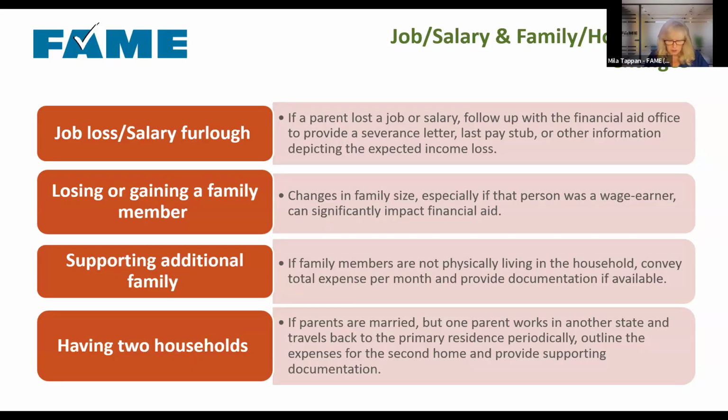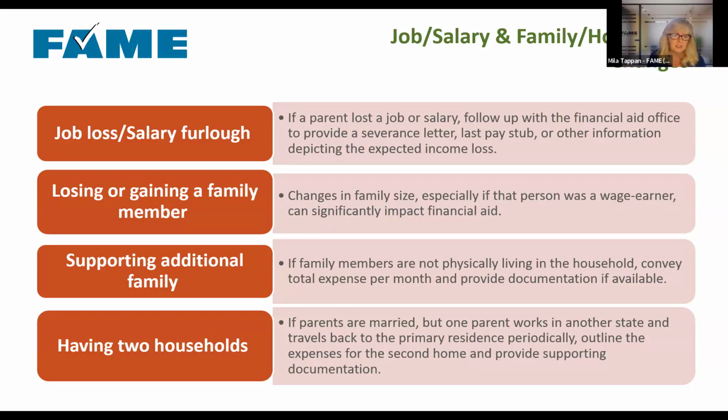So within that special circumstances category, we do tend to think about changes that are really related to the family's income and family size. And then we think about the expenses that might not be listed. So we're going to kind of break those into two groups.